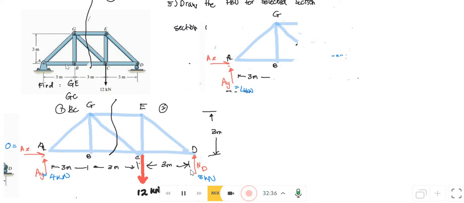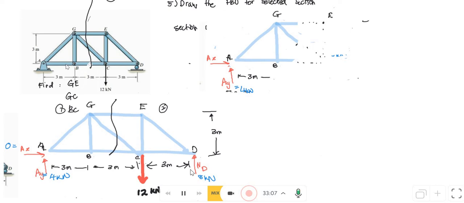Okay, we have decided to choose section 1 to do the analysis for GE, GC, and BC, right? So we know that here is point E, and we already cut that.